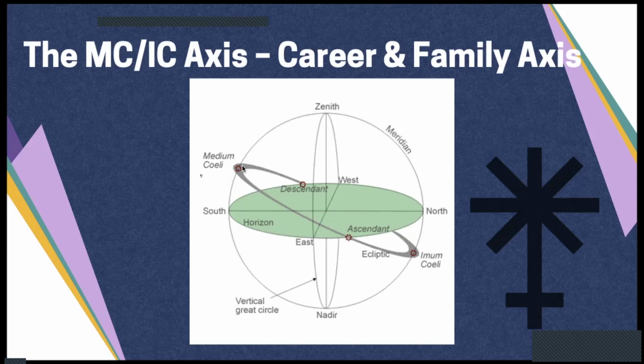And at the other end of the same journey, here you just have the journey of the sun, you have your Imum Coeli. So these points energetically, you have to match these for those teachers to appear.